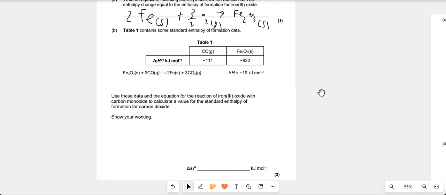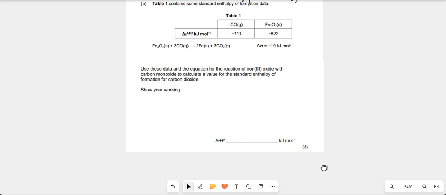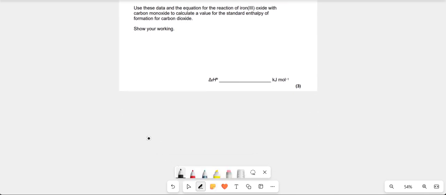Alright. This situation is going to use Hess's law. So, use this data and the equation with carbon monoxide. Let's do a little Hess triangle thing here. From their standard state, you have the standard raw elements here.